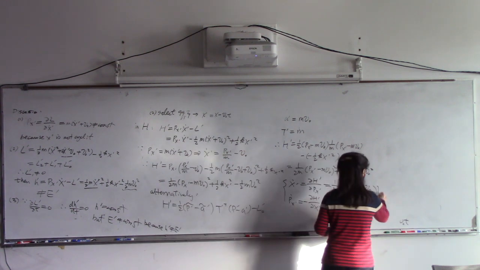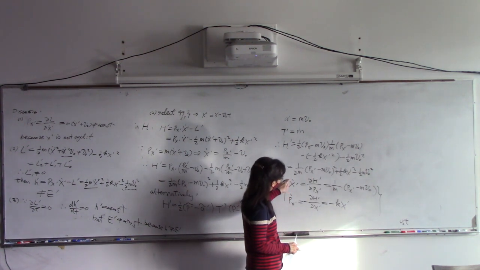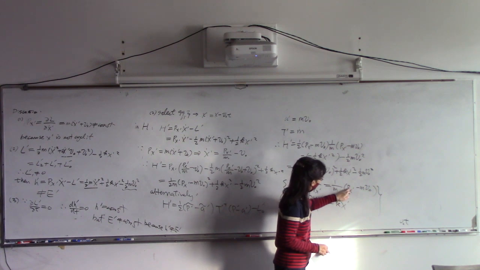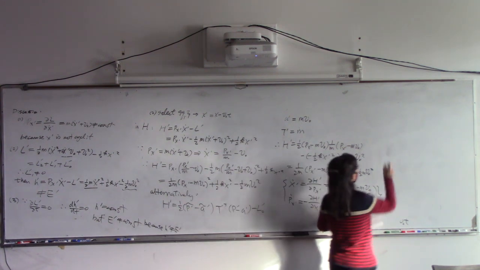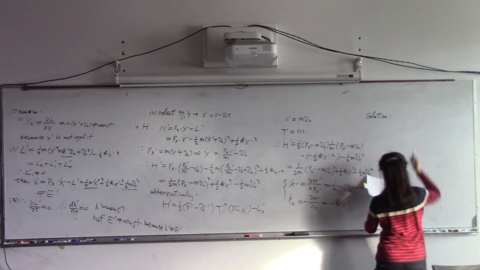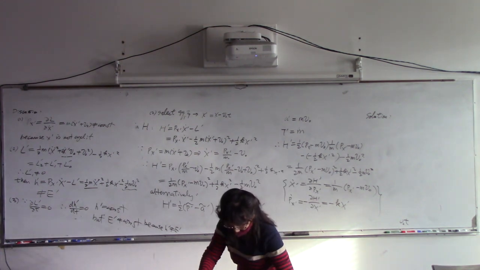Okay, so in these two, what you need to do is just take this term and differentiate again. So x prime double dot is equal to px dot over m, and then you do this substitution. So the solution is the same. Just giving you the solution, it's very simple and the same.